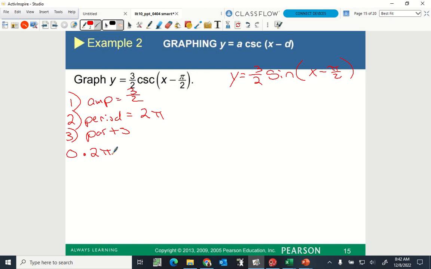So what's my phase shift going to be here? You're going to add pi over 2. Remember, it's always going to be the opposite sign right here, so it's going to be plus pi over 2.